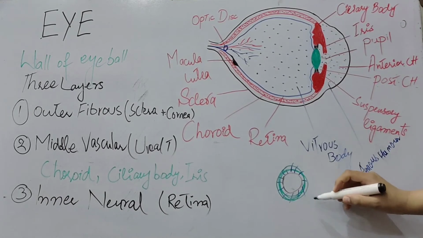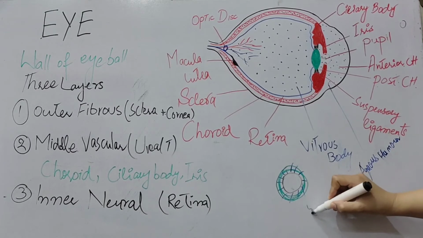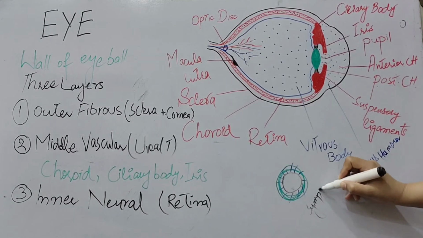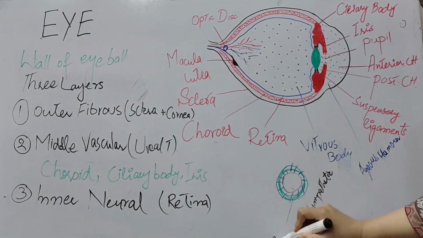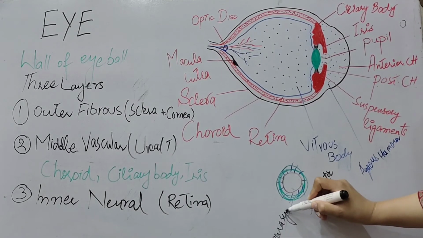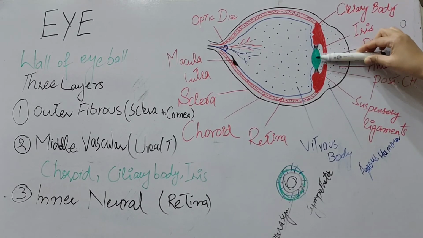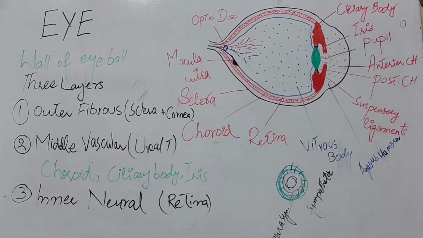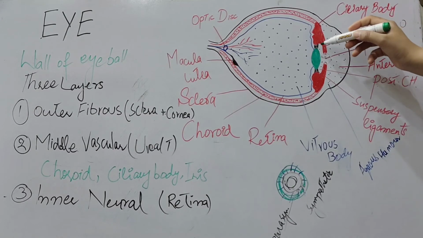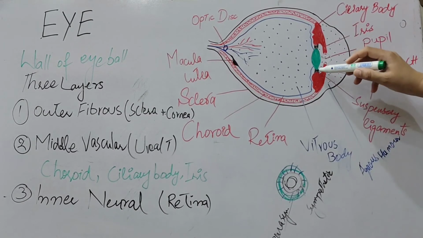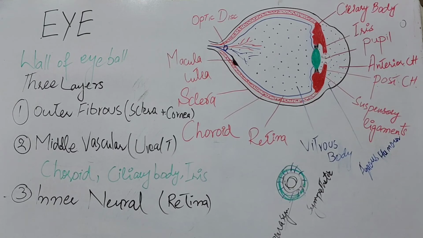The radiating muscles are supplied by the sympathetic nerves, and the circular muscles are supplied by the parasympathetic supply. After passing from the pupil, the light strikes the lens. Lens is suspended in place through the suspensory ligaments, which are extensions of the ciliary body.